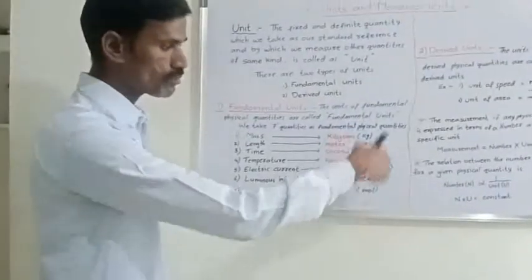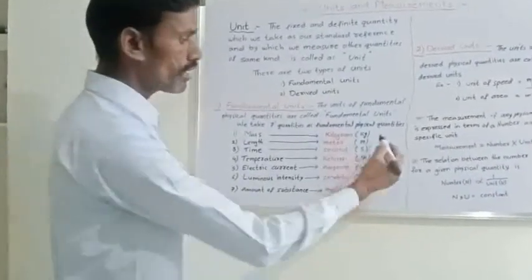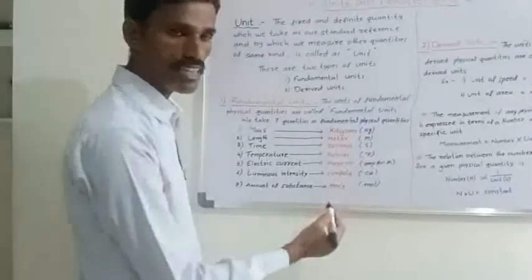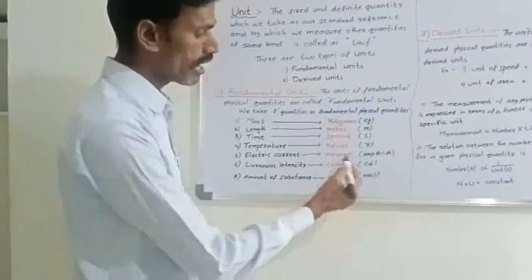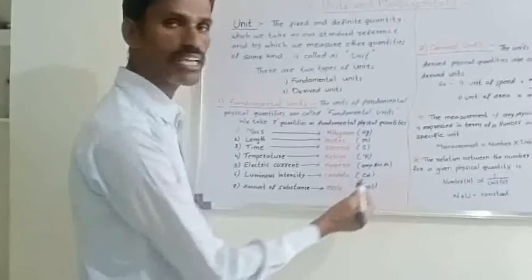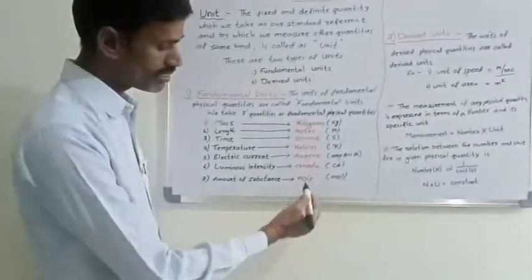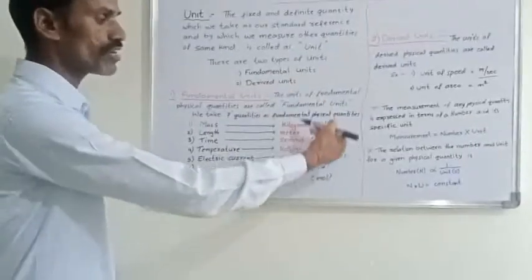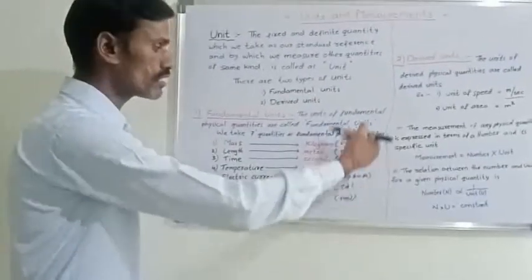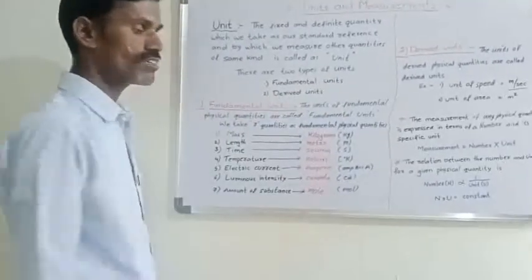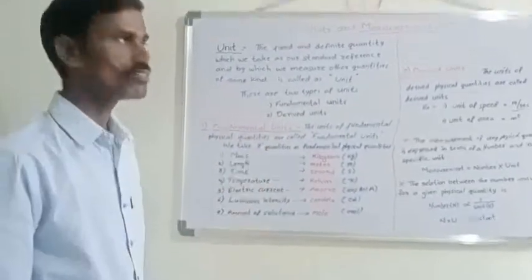These are written as kg, m, s, K, ampere as capital A, candela as cd, and mole as mol. So these are the 7 fundamental units.